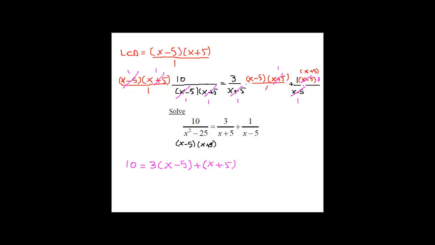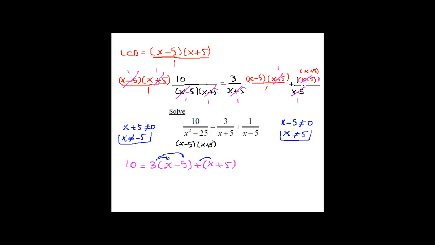So you want to make a note at the beginning of the problem that x minus 5 cannot be equal to 0, and therefore x cannot be equal to 5. That's one restriction we have here. And for the other part, x plus 5 also cannot be equal to 0, so x cannot be equal to negative 5. So we're going to keep this in mind. If I get x equal to plus or minus 5 at the end, then I cannot include those as real solutions.